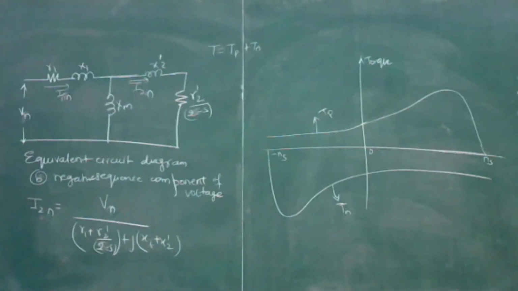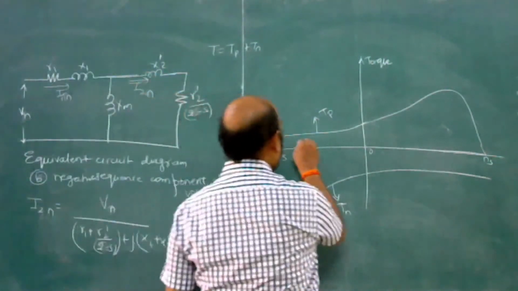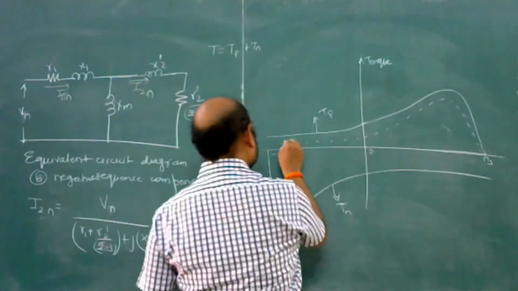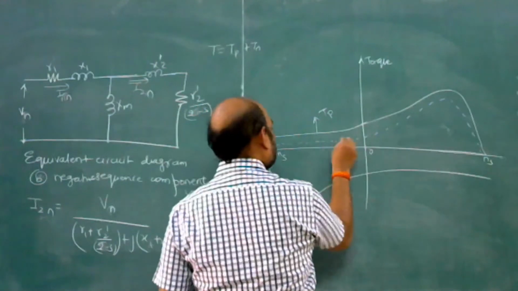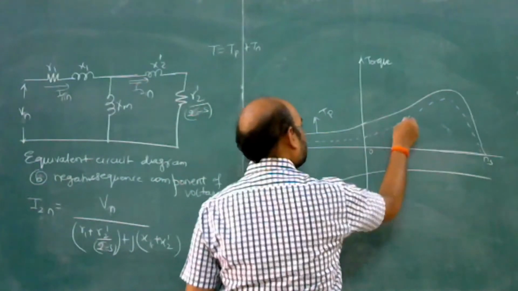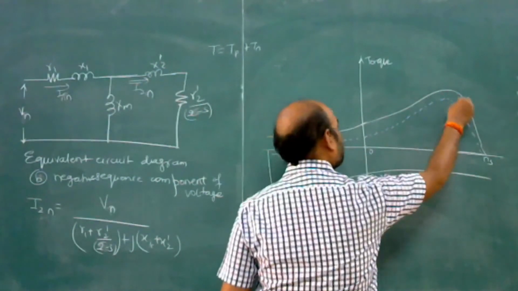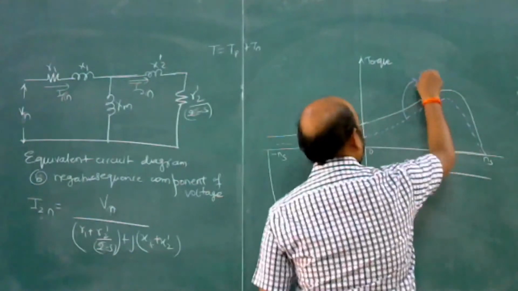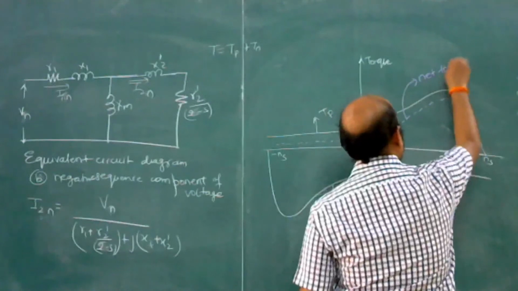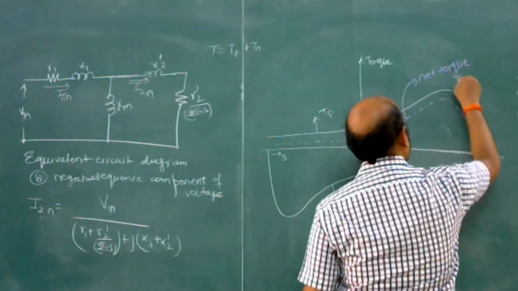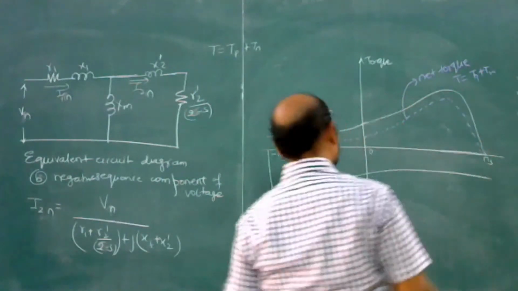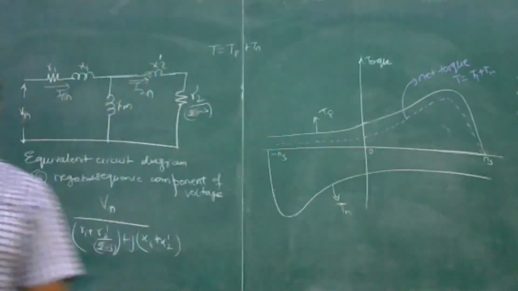So the net torque will be reduced. Okay. So now net torque will be this. So this is net torque, T is equal to TP plus TN. So this will reduce the net torque.